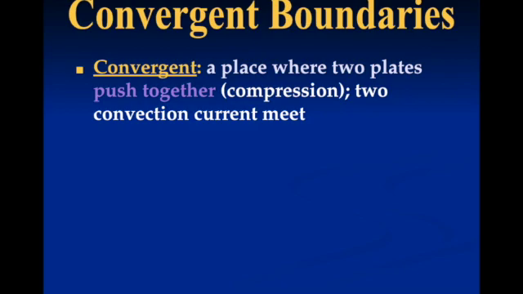And the reason they're being pushed together is because of, again, the direction of the convection currents in the mantle. There it is again, convection currents in the mantle. Because of the direction of these convection currents, it's causing two plates to collide. They're being pushed together.